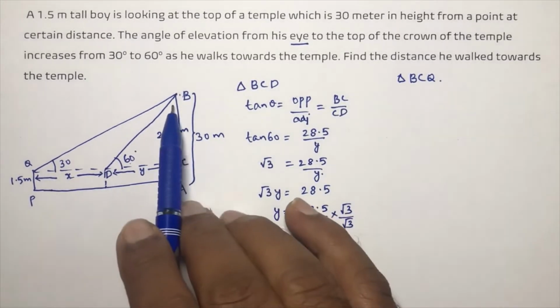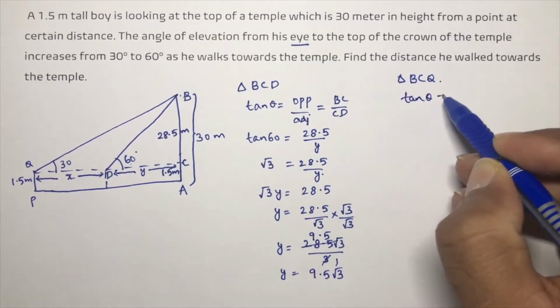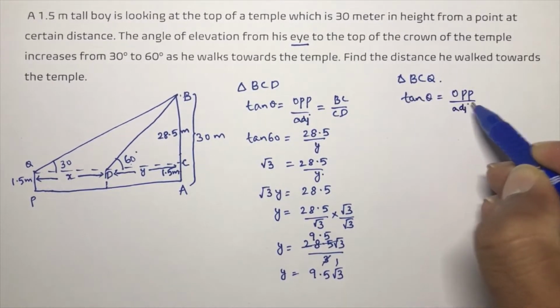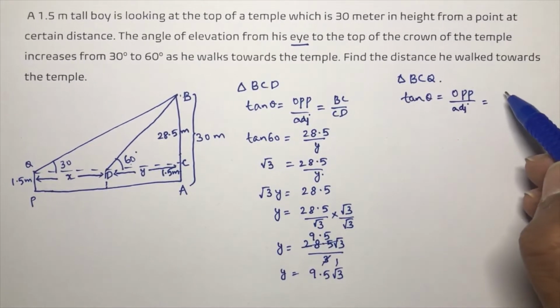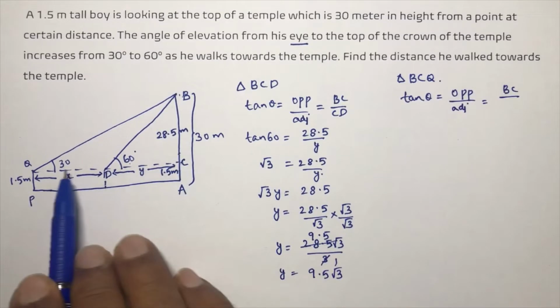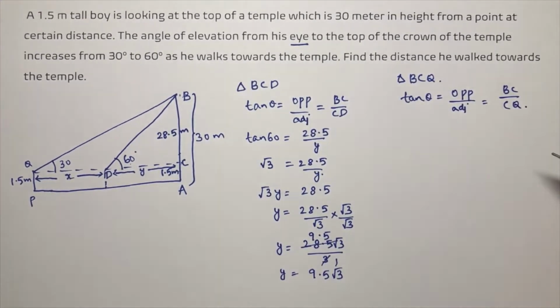Now I'll take the triangle BCQ. Same tan theta. Ratio is opposite by adjacent. Opposite is here BC, but adjacent for 30 degrees will become CQ.